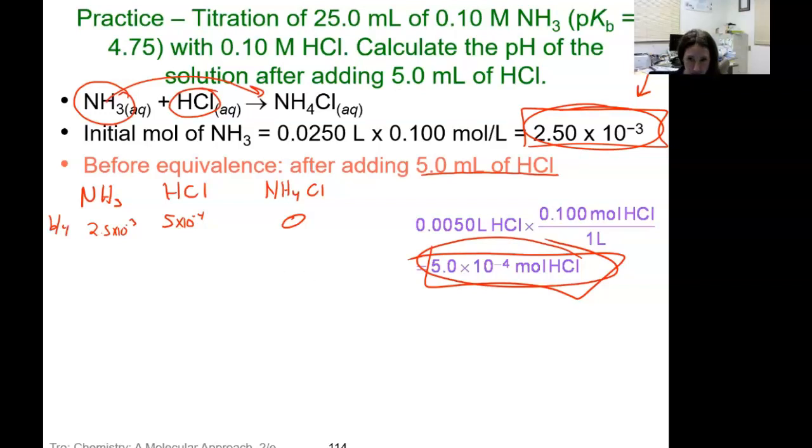So when we do this, that means we're going to use all of our acid. It is going to react with our base. When it reacts with our base, it makes NH4+.